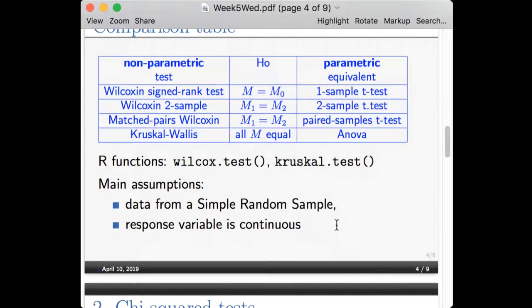Right, so that's my quick overview of the standard non-parametric tests. What I intend to do now is an example using R of the Wilcoxon two sample test.